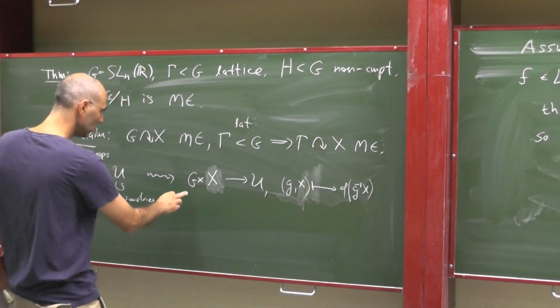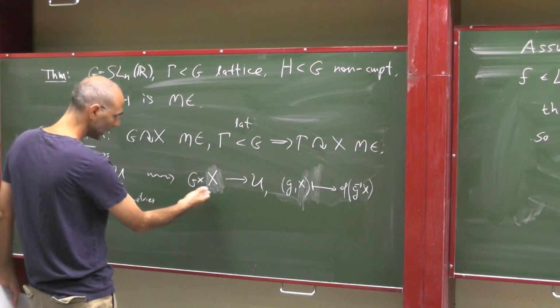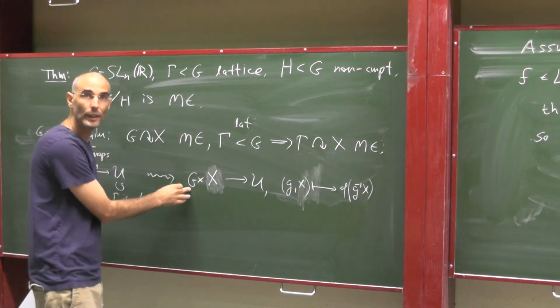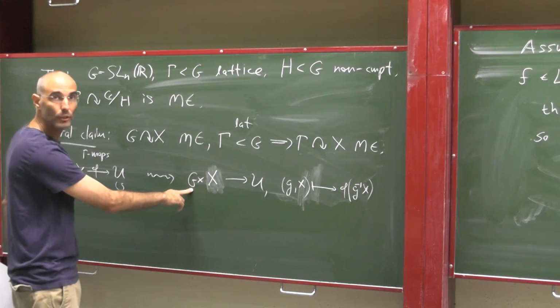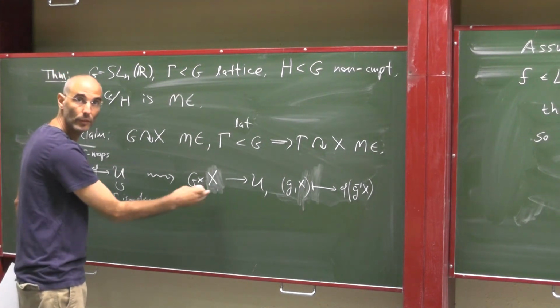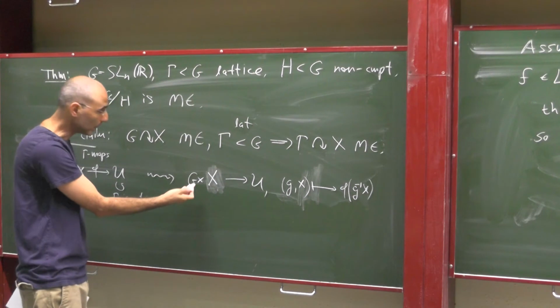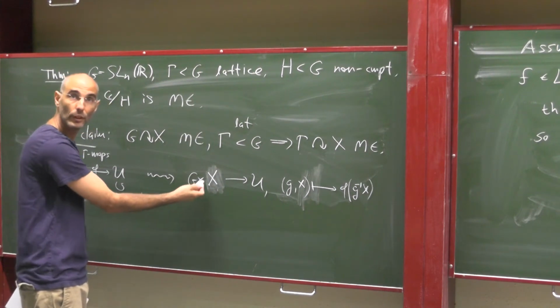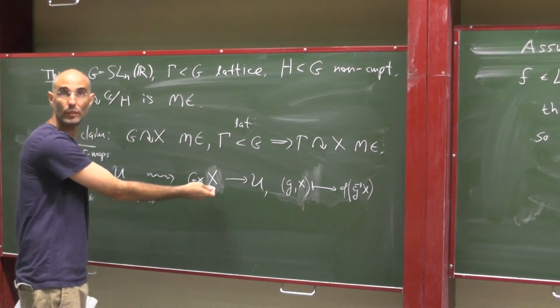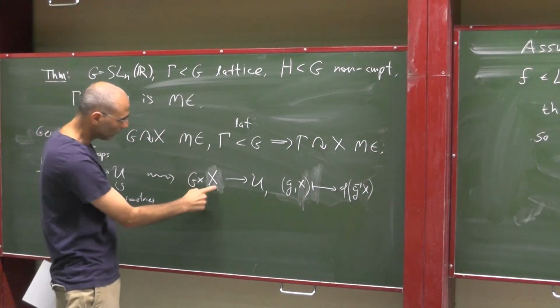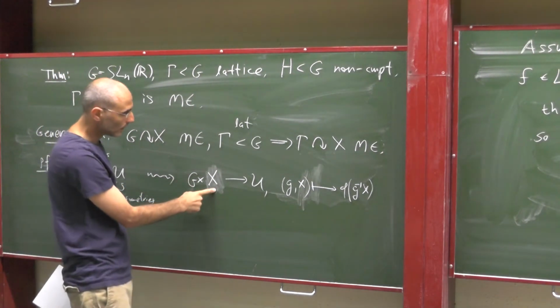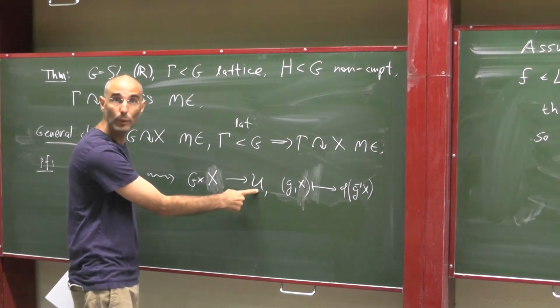Now again, if you wish, Fubini: I think of G as a measure space. This is a map between two spaces. G is a measure space with the Haar measure, X with some measure which is implicit in our discussion, and I have this product space and a map to some nice Borel space.